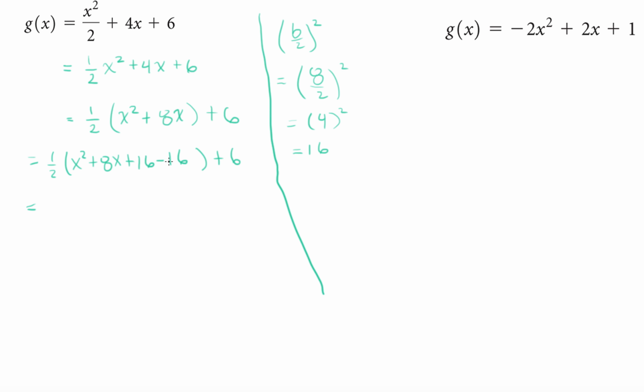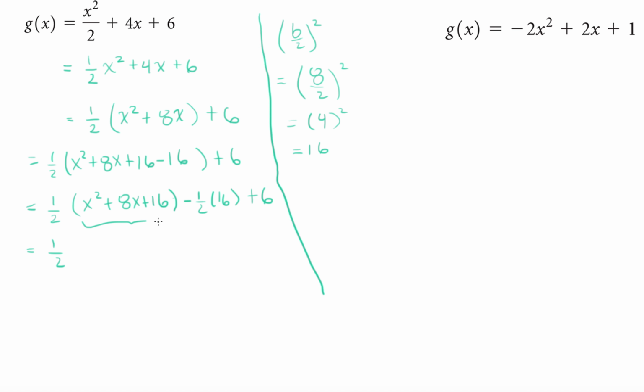Now, in order to take this negative 16 outside the parentheses, we need to multiply by 1/2. And remember, we only take out the negative 16, not the positive 16. So minus 1/2 times 16 plus 6.